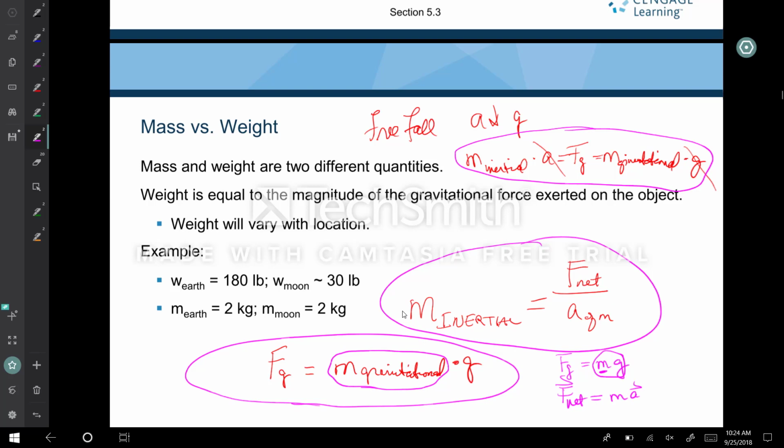You can't determine your weight in space because there's nothing fixed relative to the Earth, because the station's moving. It's accelerating with you.